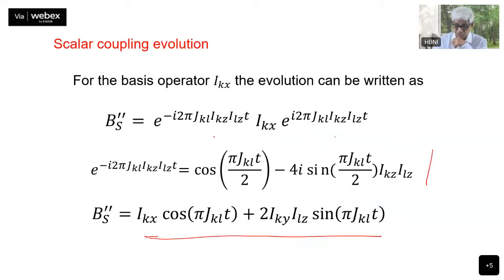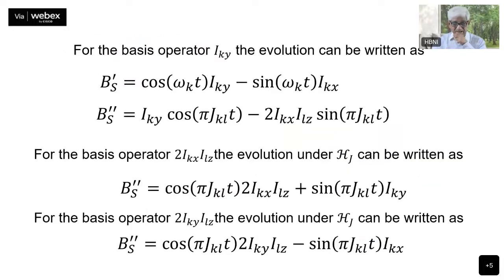In the previous case I had a plus sign here. The Kx evolving gives me the plus sign and the anti-phase magnetization of K with respect to L. If I start with Y, then I have a minus sign here. So once again, this can be represented in the form of a rotation group.